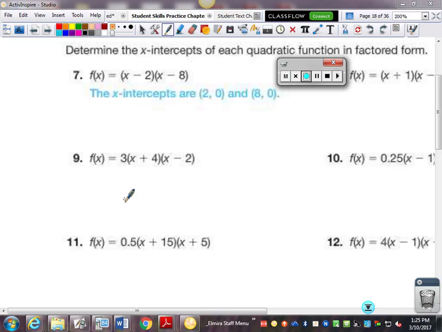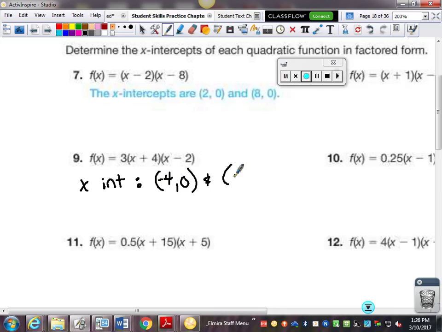So if I were looking at number 9, my x-intercepts would be -4, 0, and +2, 0. Opposite signs of what you see in the parentheses. And the leading coefficient out in front really doesn't influence our intercepts when it's factored out like that.